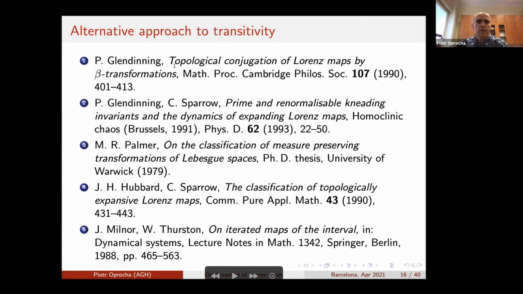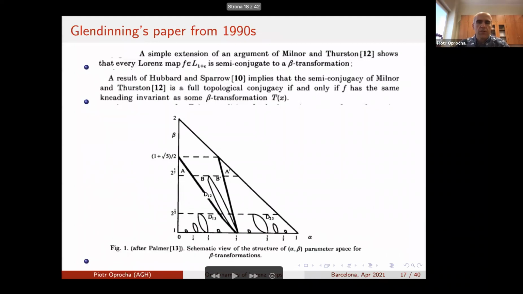So Glendinning and Sparrow, and some of these approaches are referred to in the PhD thesis of Palmer. Some other people were speaking about it. So what's the approach? Here you have the essence of what is in the Glendinning paper.